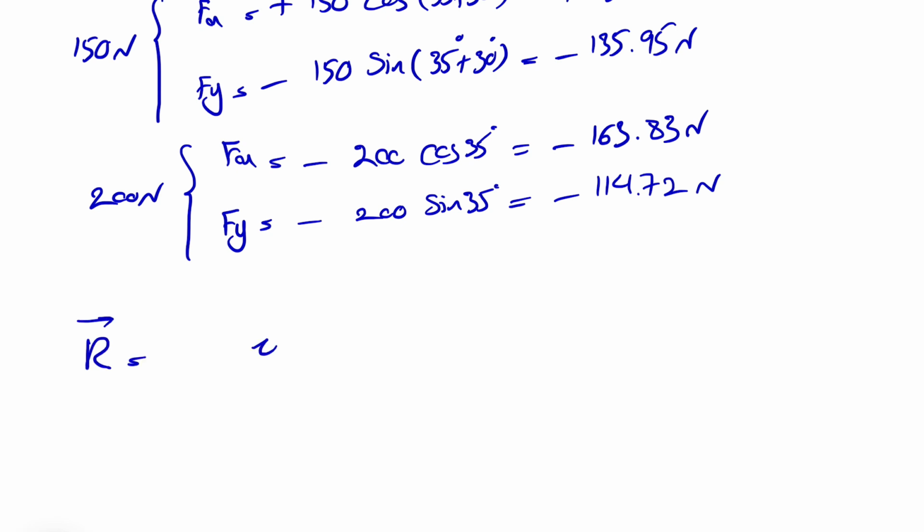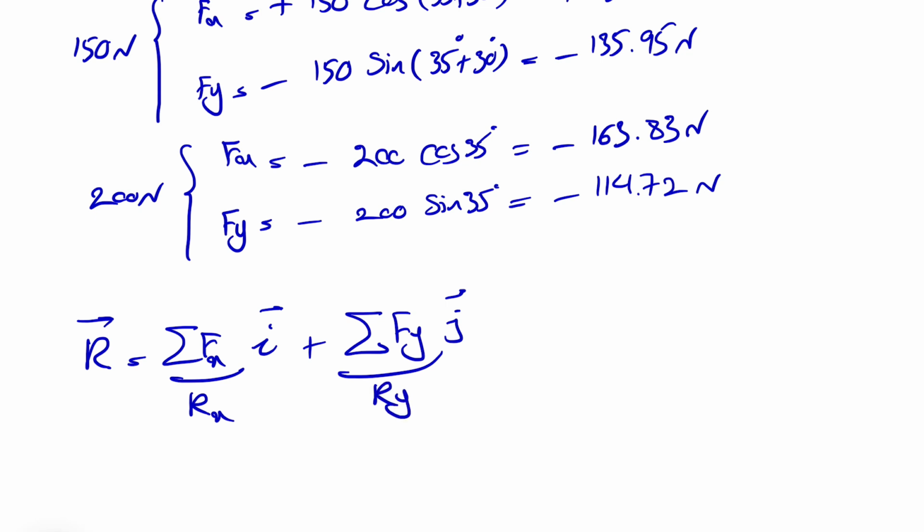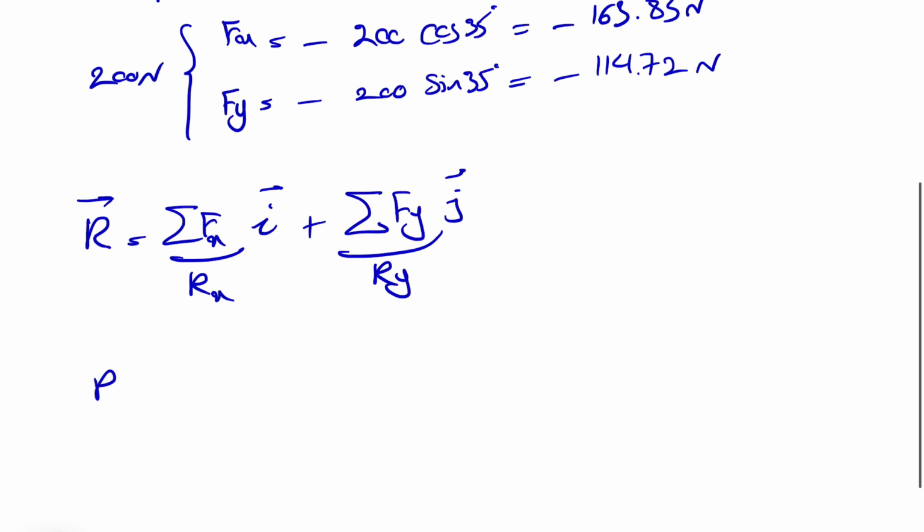So now that we have the x and y components of each, our resultant, if you want to show it in vector form, would be the sum of all forces in the x direction plus the sum of all forces in the y direction. Basically, this would be our Rx and this will be our Ry. Let's find our Rx.